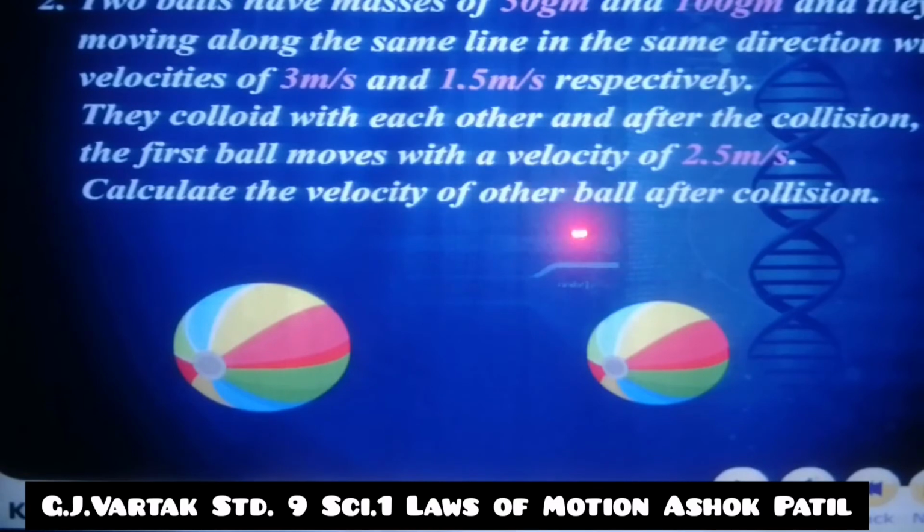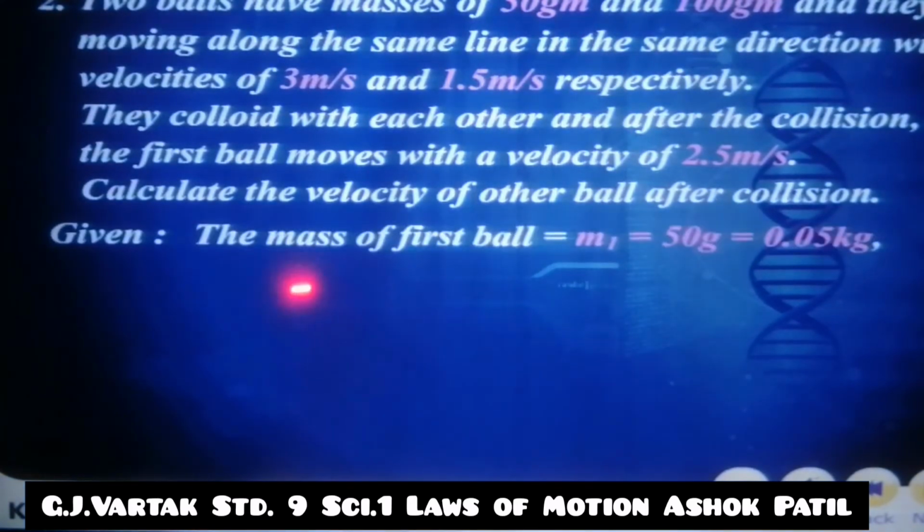Calculate the velocity of the other ball after collision. One ball is 50 gram and the other is 100 gram. The velocities are 3 meters per second and 1.5 meters per second, because the masses differ by double and single. This is single, this is double.